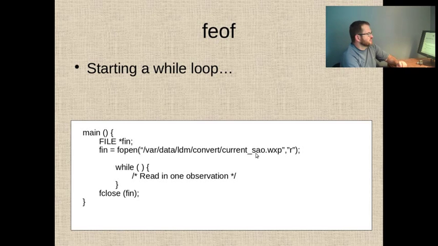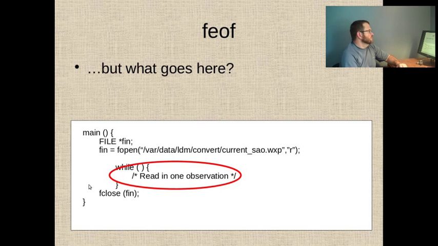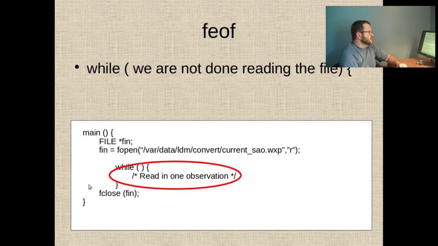The working version of current_SAOWXP is stored in a strange directory structure, but we don't need that right now. Just put a copy of it in your home directory. Then while something happens right here, read in an observation. And when you're done reading them all, close your file. The question is, what goes in here? Well, while we're not done reading the file, while we are not at the end of the file.